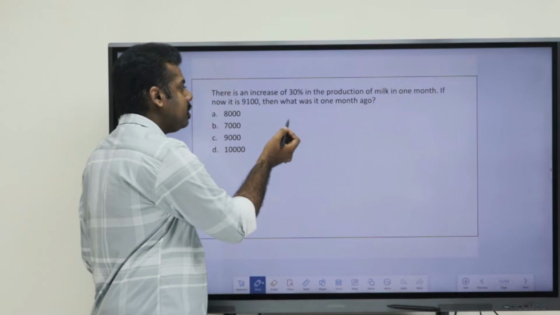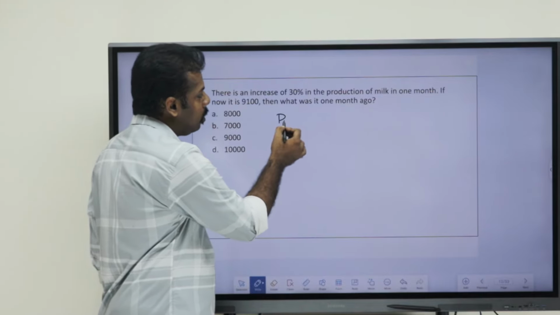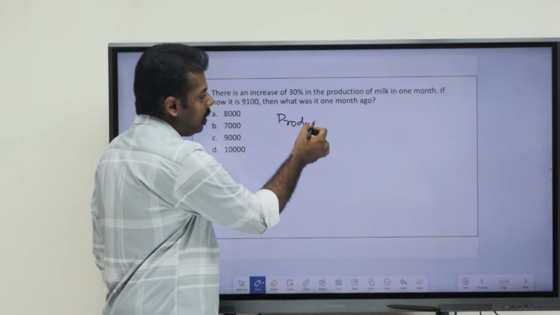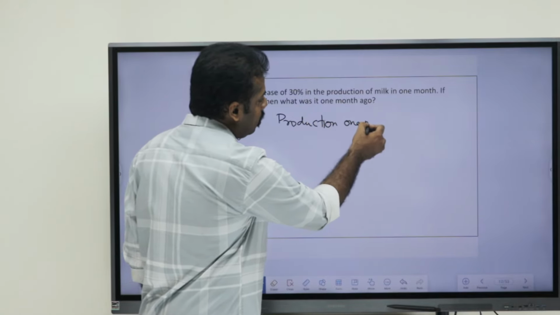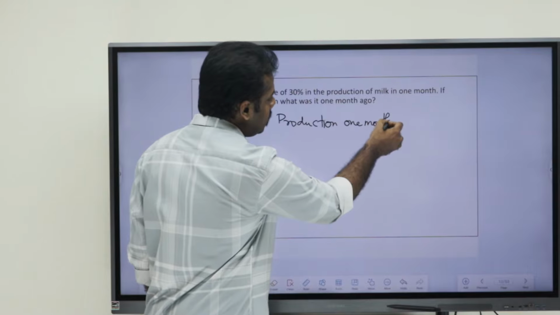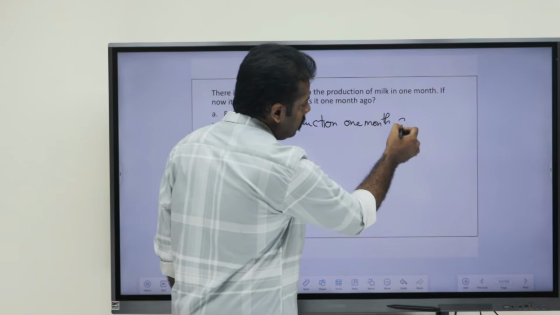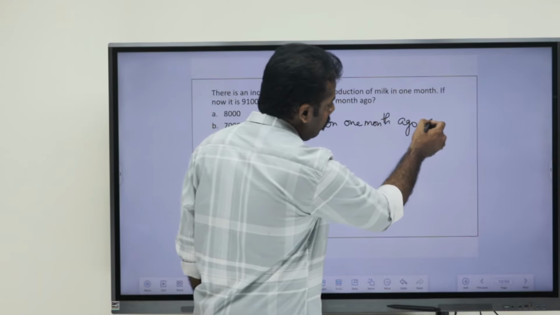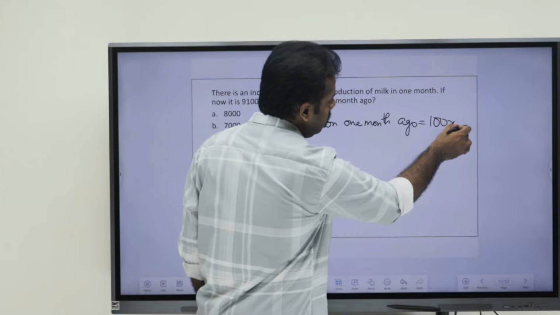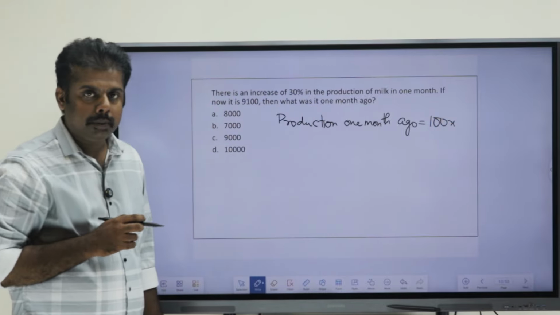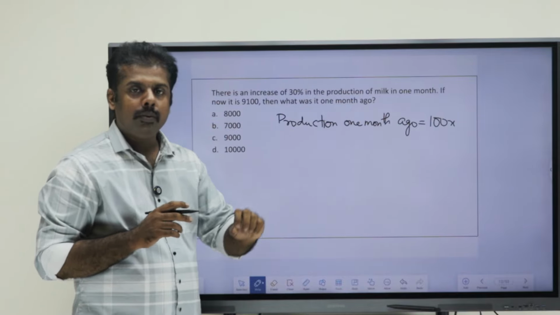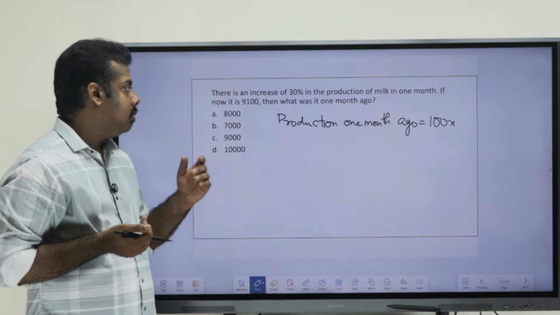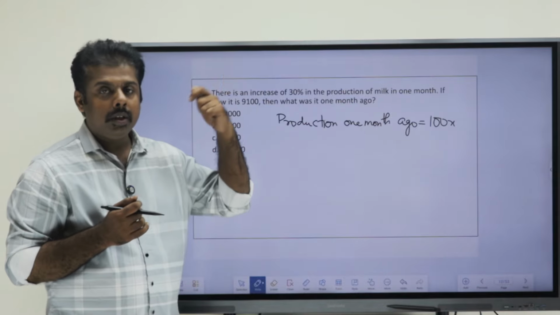We can assume their production 1 month ago. So, since it is percentage, we can assume their production 1 month ago as 100x. So, that will make the calculation a bit easier. Okay. So, we have assumed the production 1 month ago as 100x. So, what they have told, there is an increase of 30%.